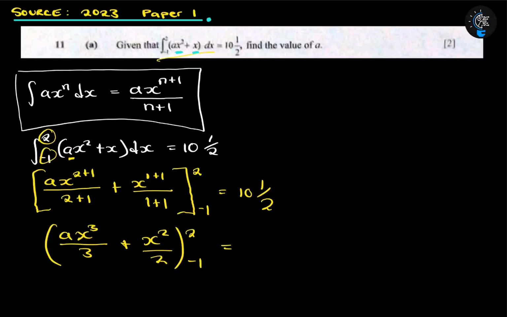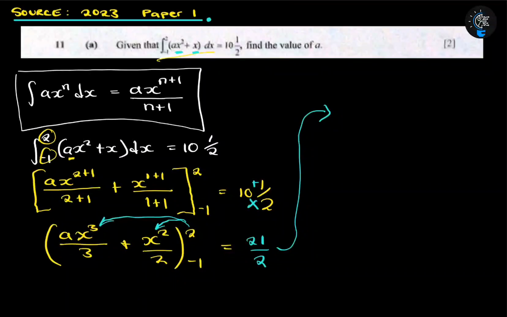It will be 10 times 2 plus 1, 10 times 2 is 20, plus 1 is 21, divided by 2. So 21 divided by 2 will be your value. Then from there, we need to put our limit back into this expression.